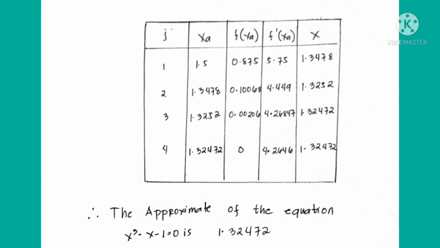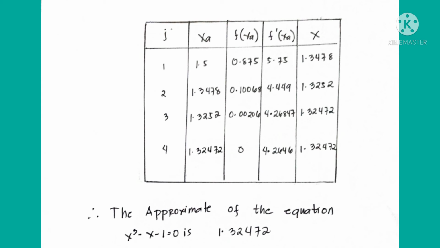Upon substituting the 1.5, I have here the table which shows the number of iterations and its answers. So on our first iteration, our xa is 1.5 and the function of xa is 0.875 and the derivative of f of xa is 5.75.